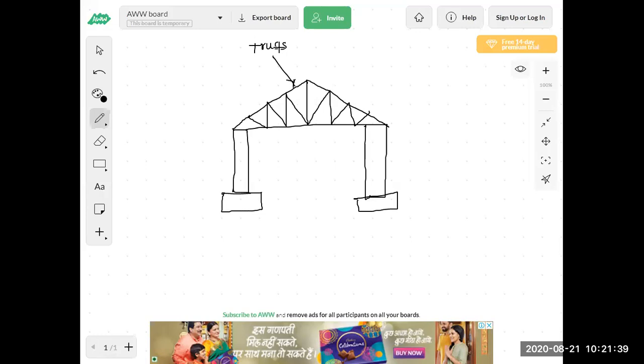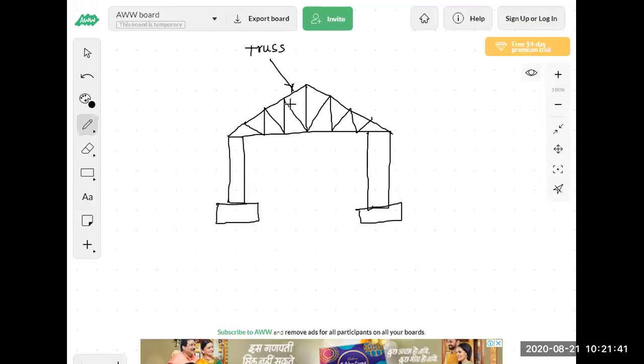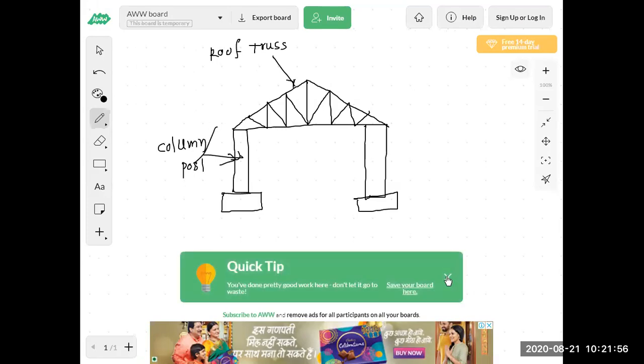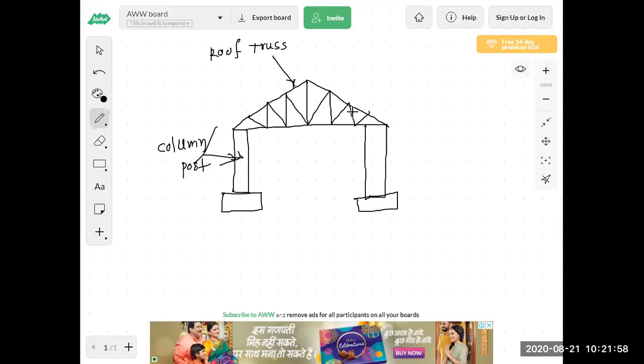This is a column, or we can call it a post, and this is a vertical member.